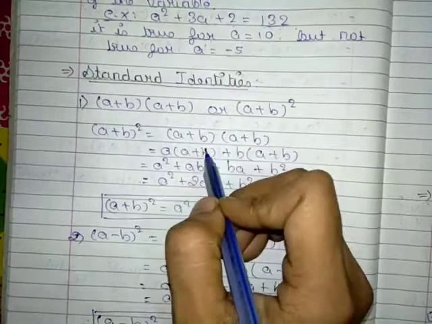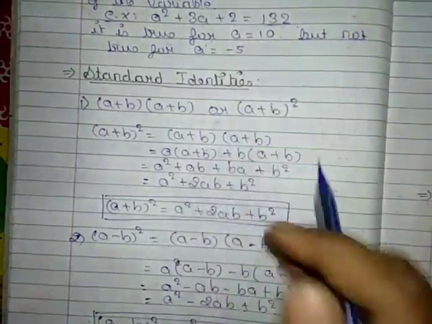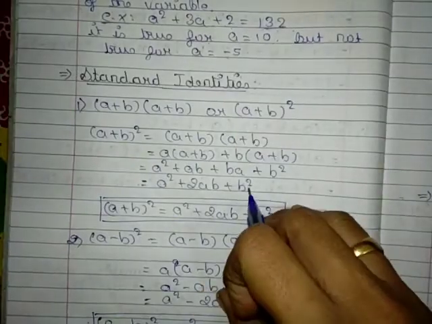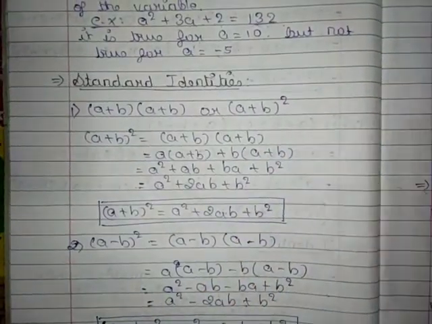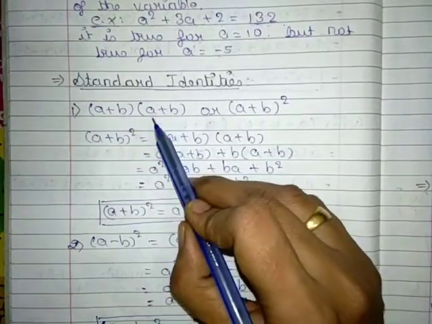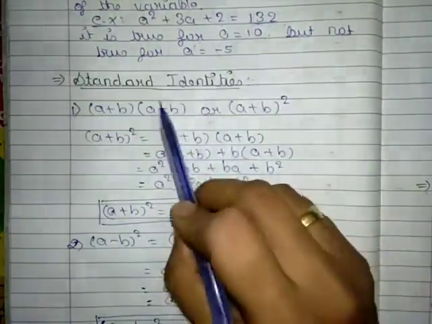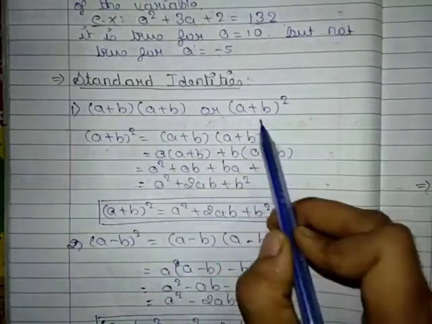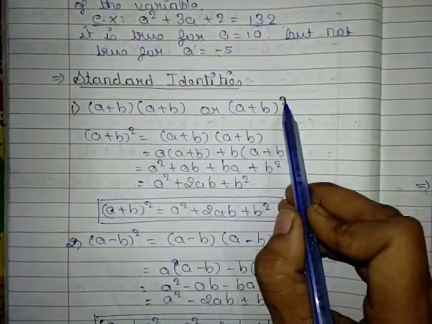There are some standard identities that the student has to remember and use in solving sums. The first identity is (a + b) multiplied by (a + b). These binomials are coming two times, so we can also write it as (a + b) the whole square.